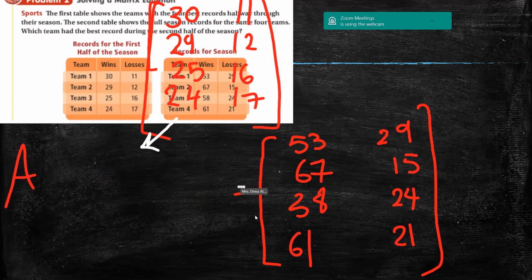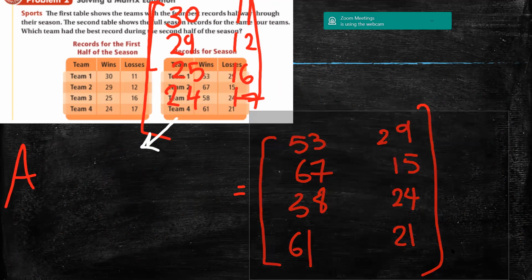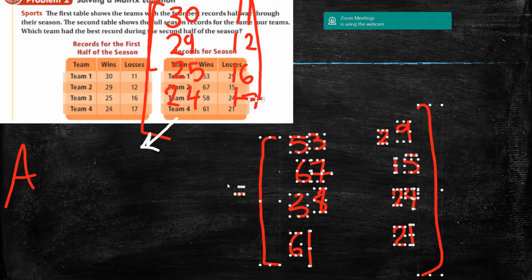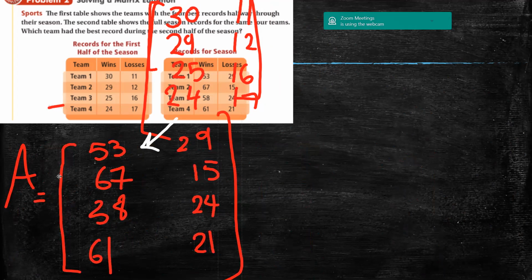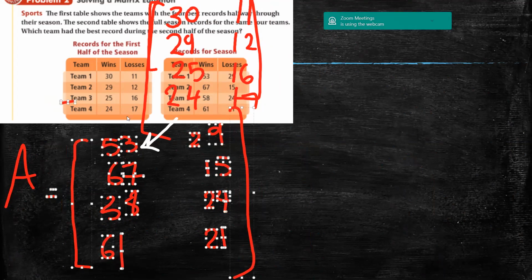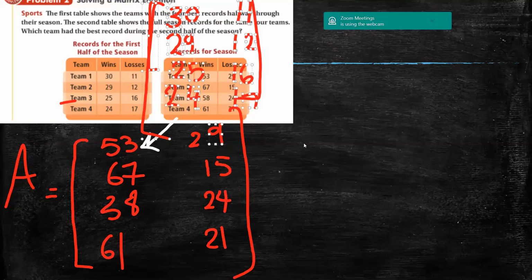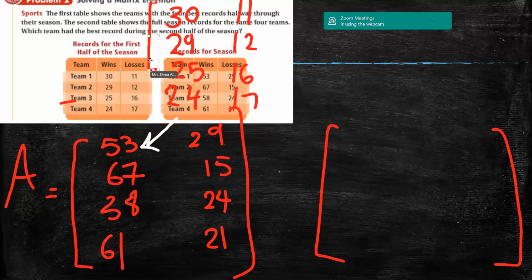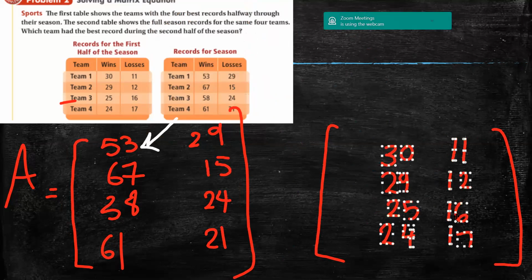This is A. This is the first one, minus the second one. As remembered, the second minus the first.